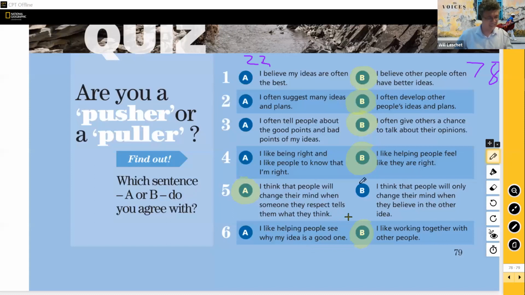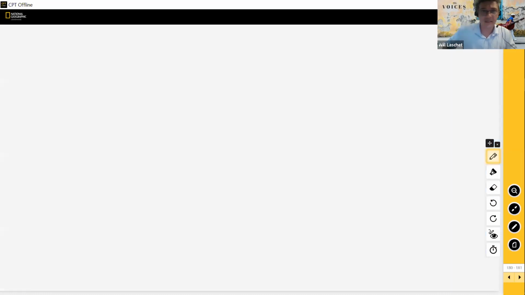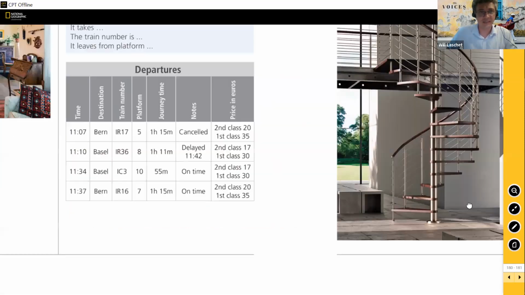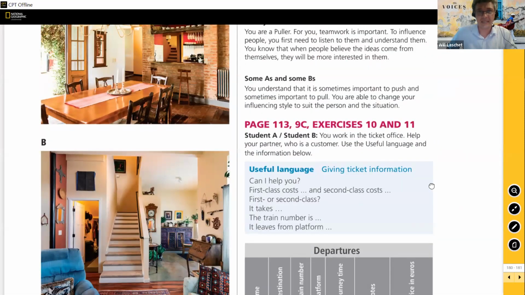But collectively, I can infer that we are more pull influencers, which doesn't surprise me because most of us here are teachers today. Let's have a look in the back of the book and see what these results mean. You've probably inferred what they mean anyway, but let's have a quick look in the back.